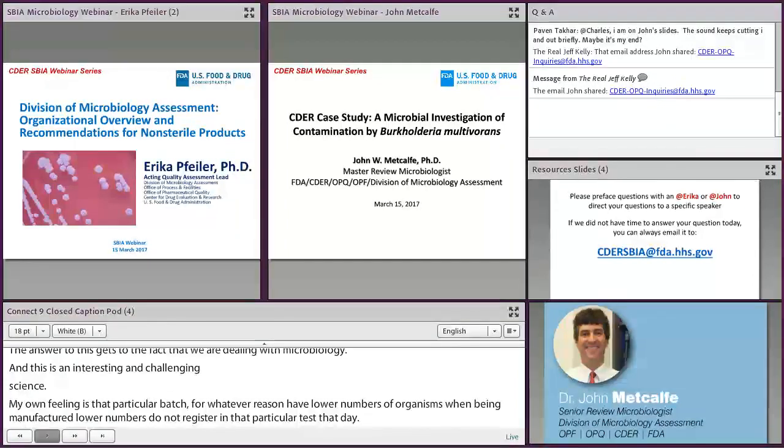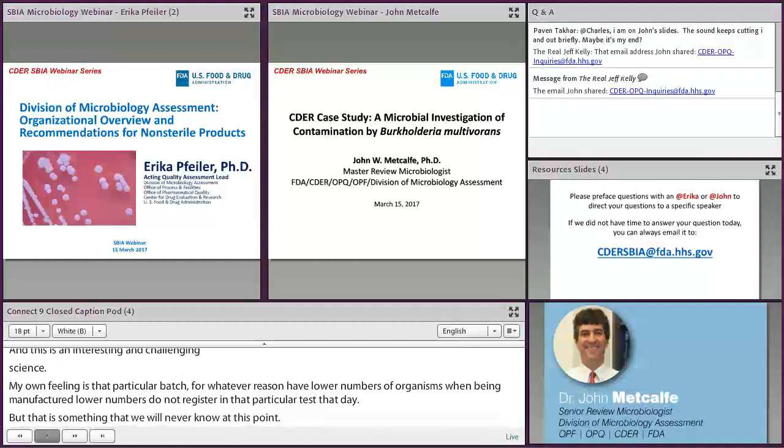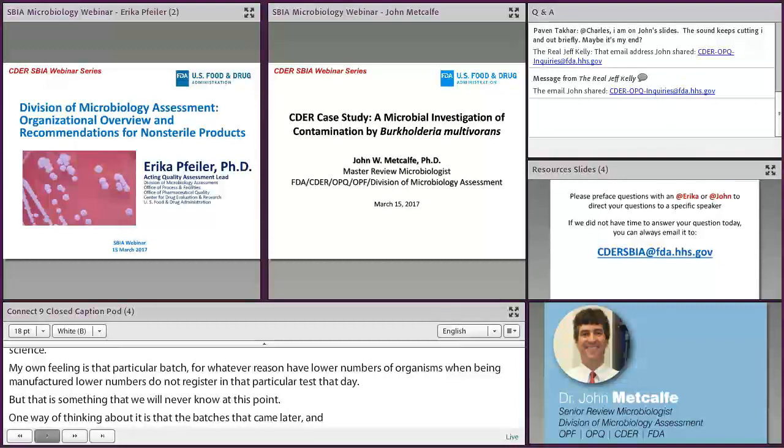One way of thinking about it is that the batches that came later and were consistently hot with the later testing were an indication that the biofilm was well established at that point and pumping high numbers of organisms into the drug solution.